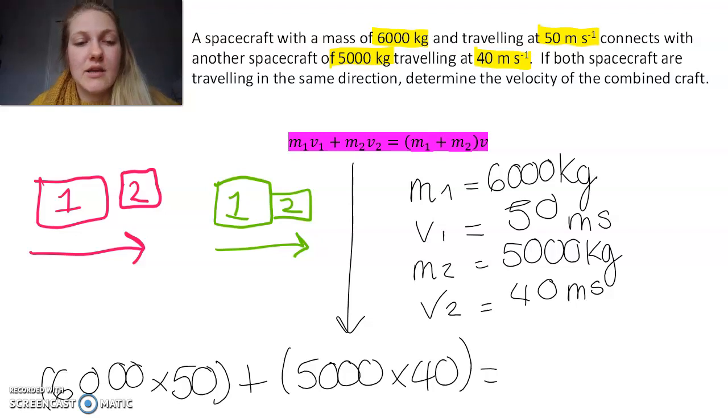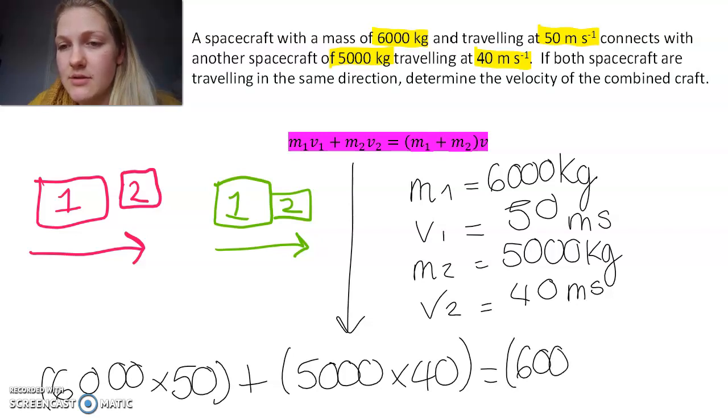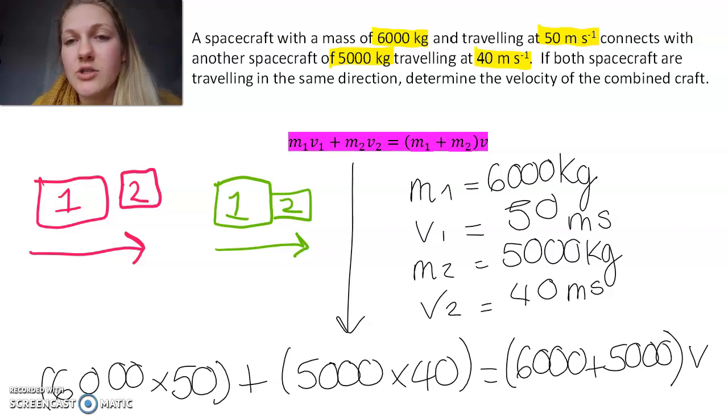Now that is equal to the known values, which I do have, of my M1 and my M2, of 600 plus 50 times V. Now I don't know V, so that's what we're going to try and find out by simply transposing this equation from the values that we do know.